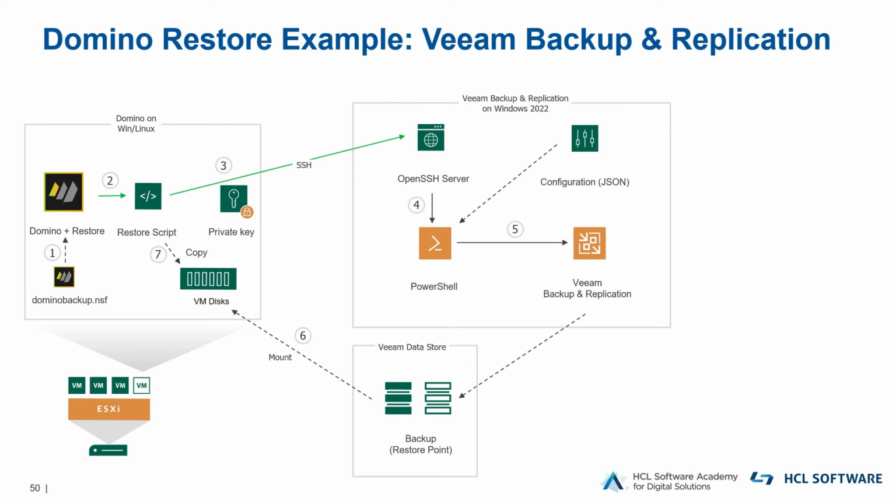So when you look into the restore scenario with Veeam backup, Veeam usually operates on your vSphere server, and it's talking directly to a VM, and it's backing up to the Veeam storage. When you do a restore, you operate the Domino backup NSF and create a restore job.